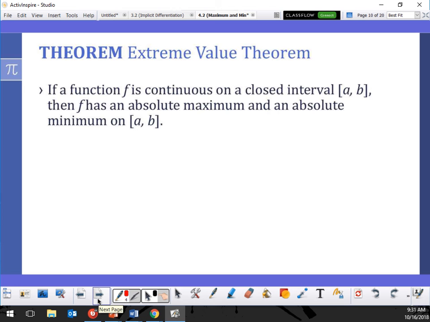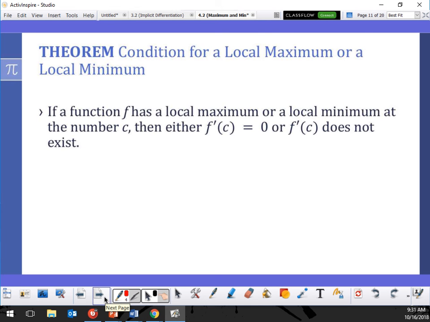If the function is continuous on a closed interval, it has to have an absolute maximum and absolute minimum over that. If f has a local minimum or maximum at a number c, then the derivative f'(c) has to equal 0, or f'(c) does not exist.